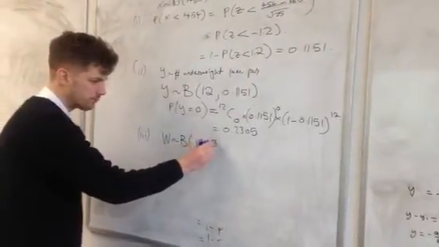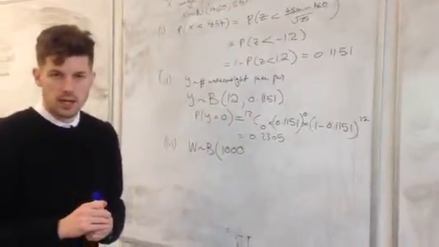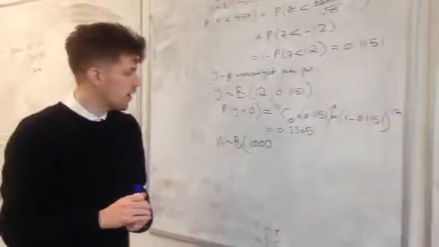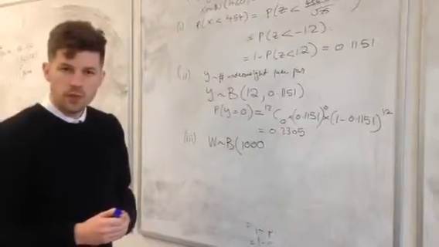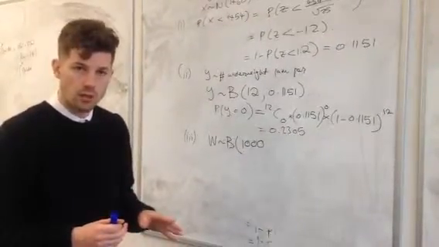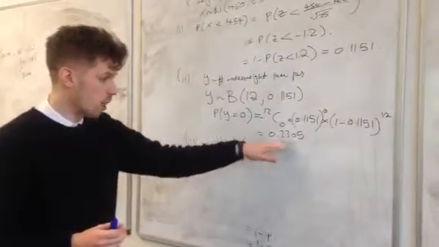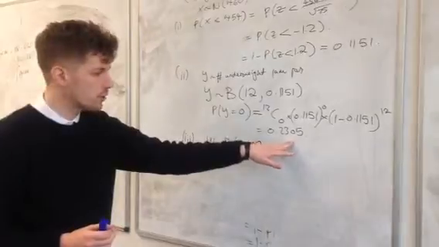1,000 trays. And the thing we're testing is, does a tray contain any underweight jam jars? So we're going to say W is the number of trays that contain no underweight jam jars, and the probability of a single tray containing no underweight jam jars is 0.2305.